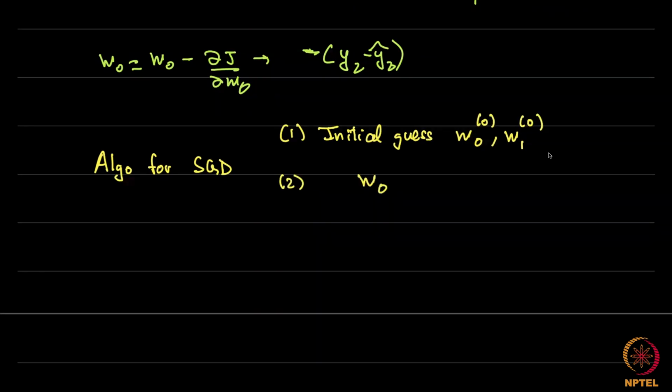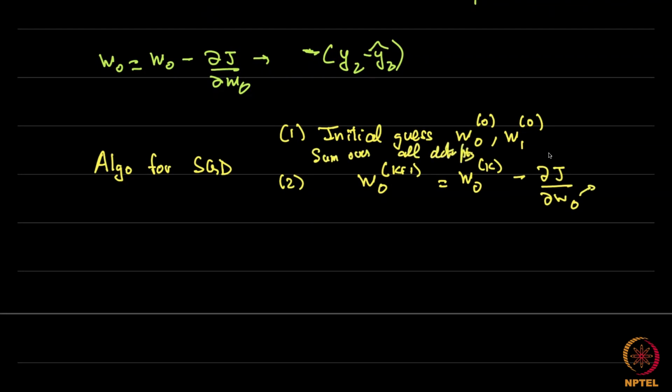And then W0 for the k plus 1th iteration is W0 at the kth iteration minus del J del W0, where this one is calculated for a single data point. Similarly for W1. And then you repeat this.